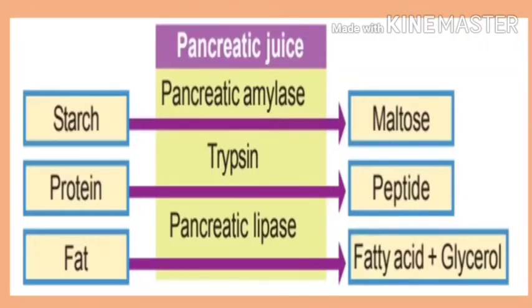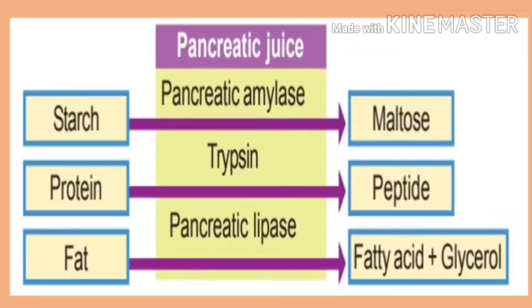The function of pancreatic amylase is that it converts starch into maltose. The function of trypsin is that it converts proteins into peptides. The function of pancreatic lipase is that it converts fat into fatty acid and glycerol.